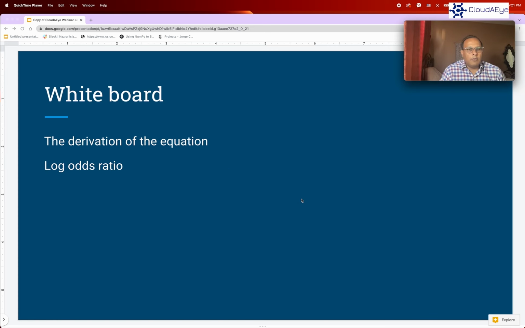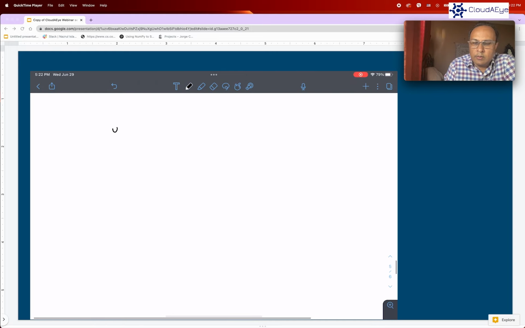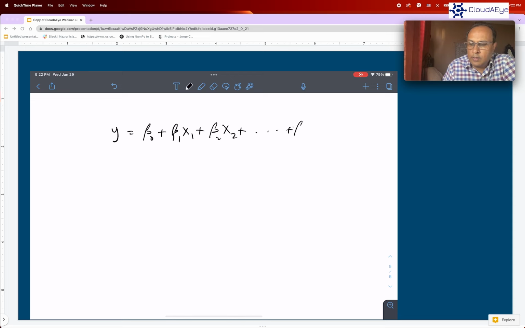Then we will move on to the whiteboard. So in linear regression, we had y equals beta 0 plus beta 1 x1 plus beta 2 x2 and so on, if we had n features, right? We know that this actually is a line, a linear relationship, although it's not that simple, but I'm just showing it simply.